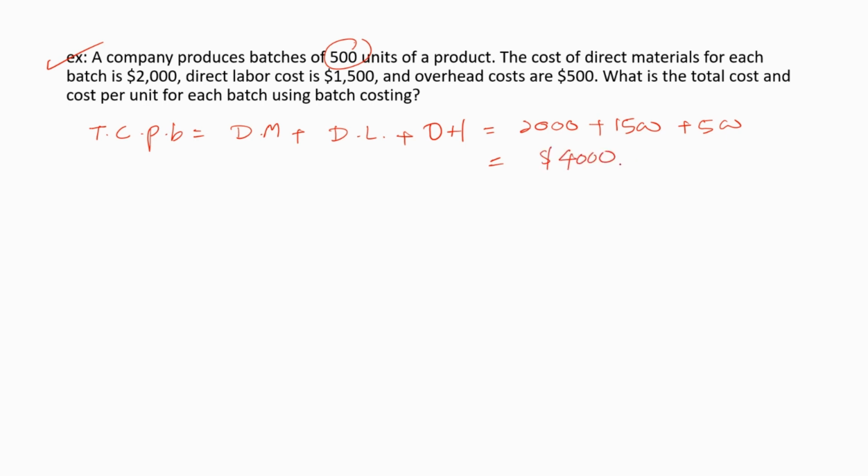So this is the total cost per batch. Now let's calculate the cost per unit. The cost per unit is equal to total cost divided by the number of units in a batch. The total cost is $4,000. There are 500 units in a batch, which is equal to $8 per unit.